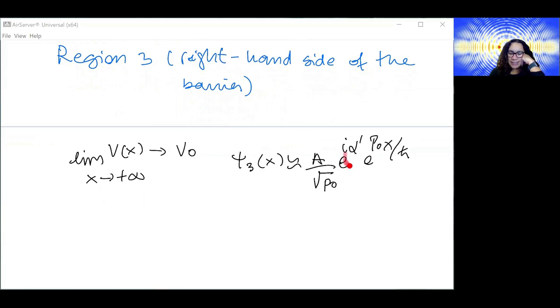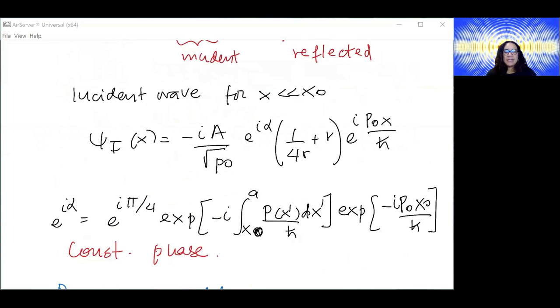And this e^{i alpha'}, these are phases which are not relevant for what we're going to do, because now, why are we doing this? Because we want to calculate probability currents for incident and transmitted regions. So that's why we went through all this trouble to find what is incident, what is transmitted, right? If you look here, you see what is incident.